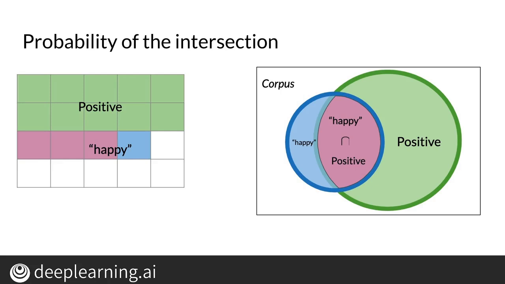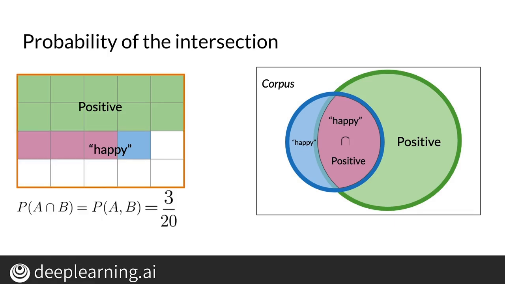In the context of this diagram, the probability that a tweet is labeled positive and also contains the word happy is just the ratio of the area of the intersection divided by the area of the entire corpus. In other words, if there were 20 tweets in the corpus, and 3 of them are labeled positive and also contain the word happy, then the associated probability is 3 divided by 20, or 0.15.